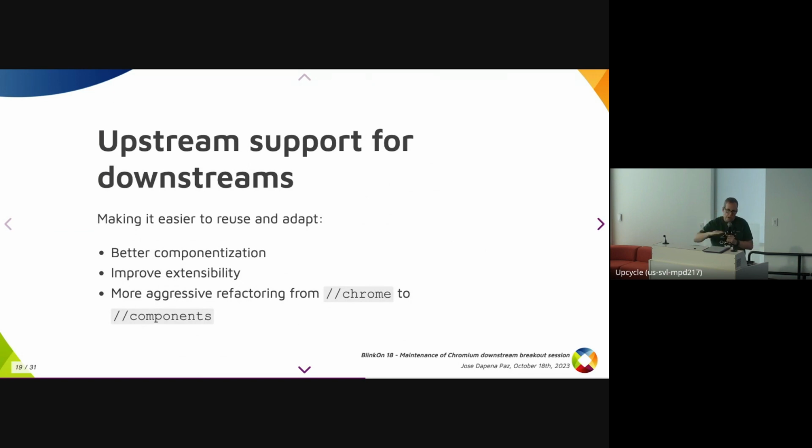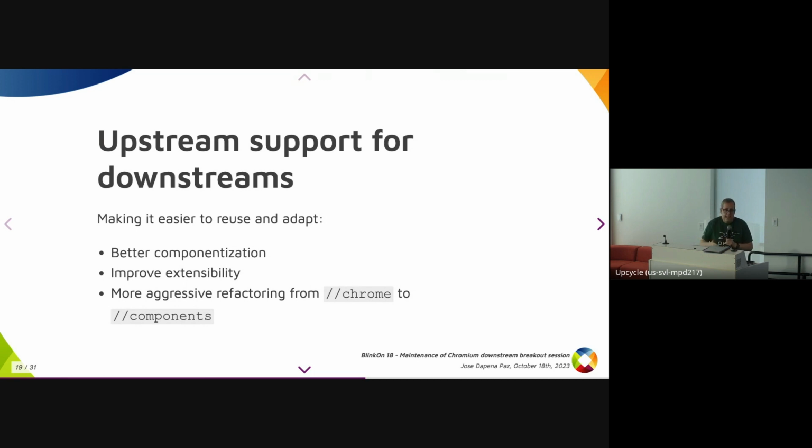You are working at the content API level and then adding several components. So when there's something that can be useful for other browsers, it's better to have it in components than in the Chrome directory, as a reusable component.